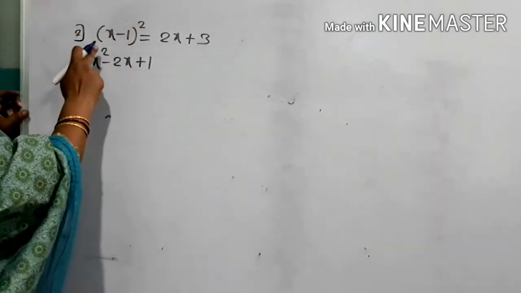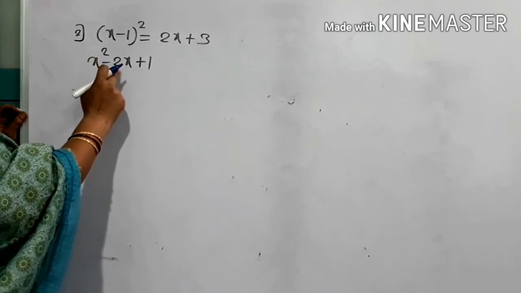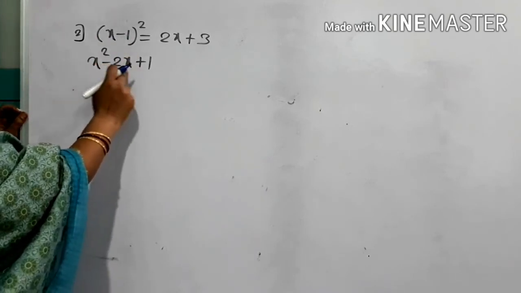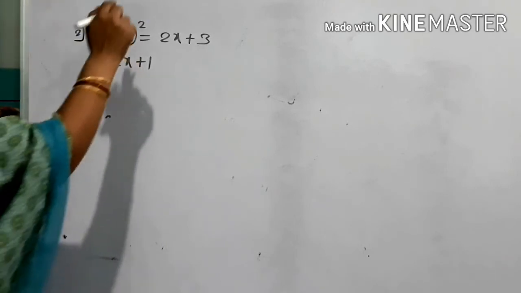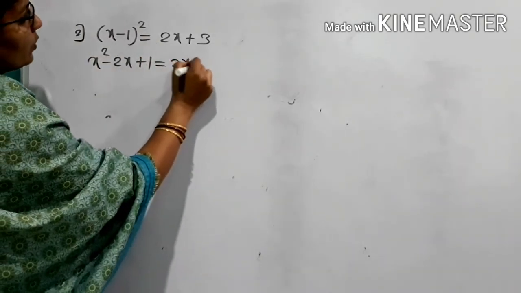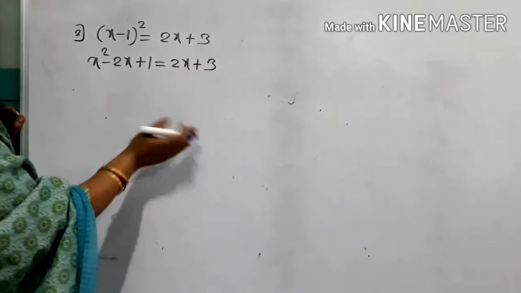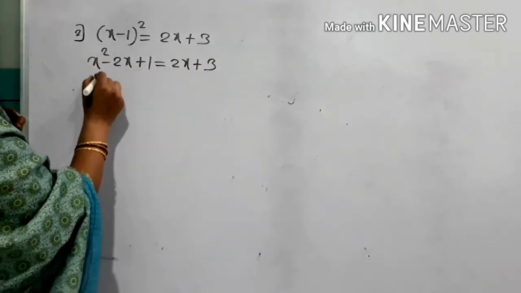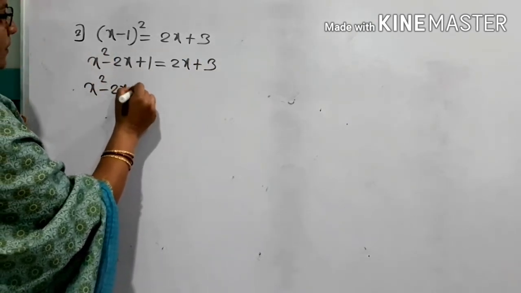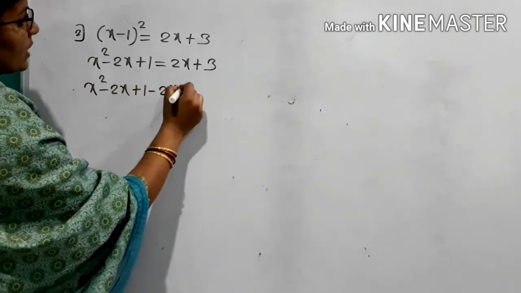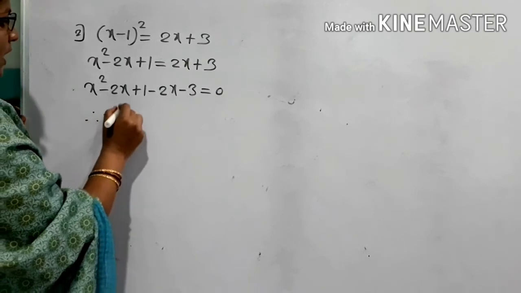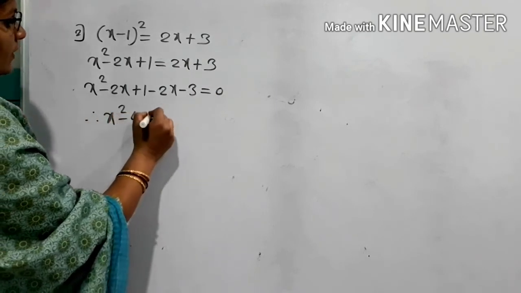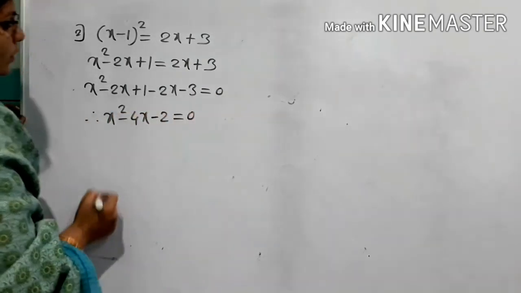Similarly, here square of first term, minus 2 into first term into second term means minus 2x, and square of the second term minus 1 square is plus 1, equal to 2x plus 3. Take all terms to the LHS, that is x square minus 2x plus 1 minus 2x minus 3 equal to 0, and therefore x square minus 4x minus 2 equal to 0.